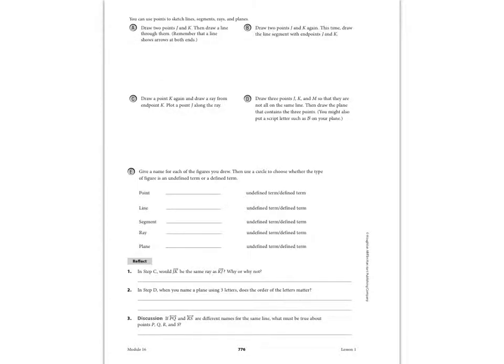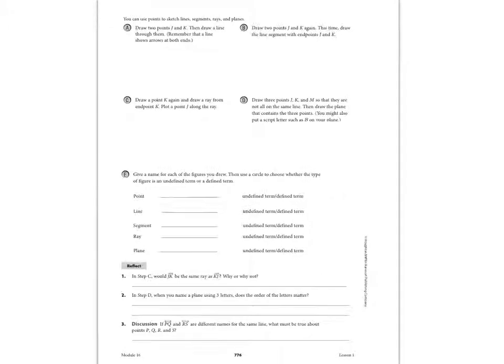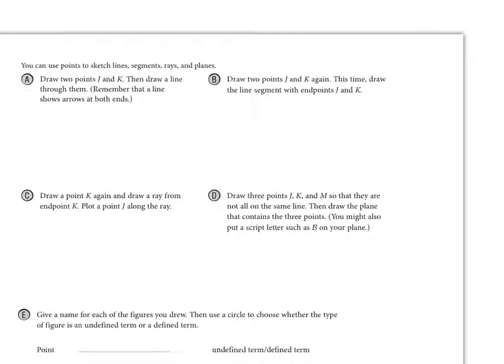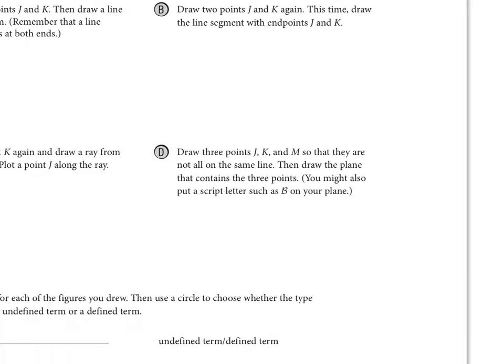On page 776, we're going to practice drawing some of this. I'm going to do one of them. I think I'll do D, and I'll have you practice the rest of those. So on part D, we're just going to sketch it, exactly what it's telling us. We're going to draw 3 points, J, K, and M, so that they are not all on the same line.